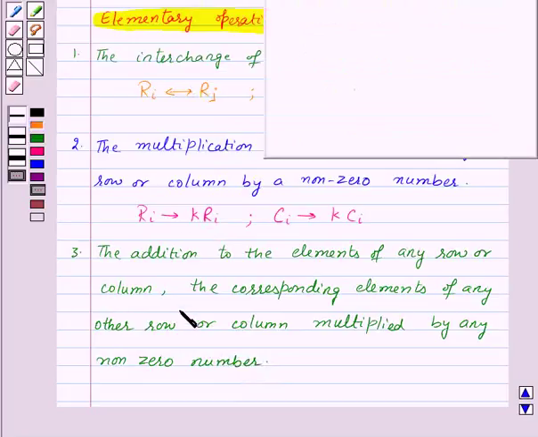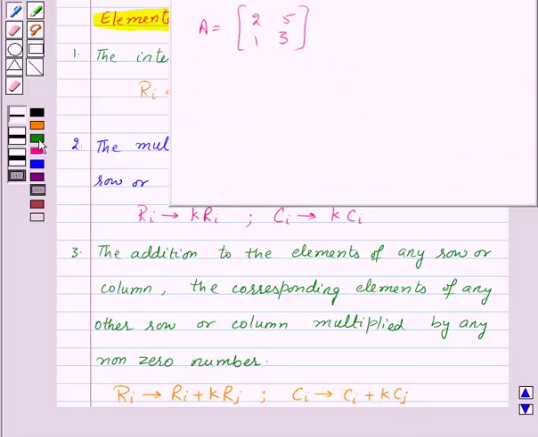That is, if we add to the elements of ith row the corresponding elements of jth row multiplied by a non-zero number k, then we will write Ri changes to Ri plus k into Rj. Similarly, if we add to the elements of ith column the corresponding elements of jth column when multiplied by a non-zero number k, then we will get Ci changes to Ci plus k into Cj.